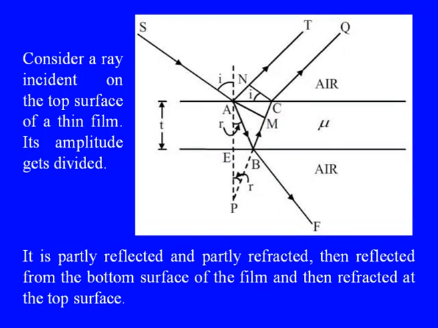You see, AT is the top reflected beam, AB is the refracted beam at the point B, it is reflected along BC and again comes out as CQ. So, AT and CQ are both in the reflected region.